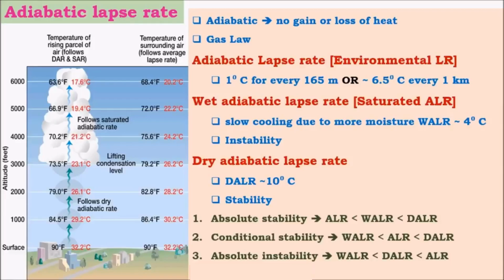This simply means that the current parcel of air has a greater amount of moisture, and due to the greater amount of moisture there are greater chances of precipitation, and hence it is associated with absolute instability. So don't worry much about these things, just remember these conditions, that's enough. They are very unlikely to come in the examination, but these are just basics which we need to know to study future concepts like precipitation and tropical cyclones, temperate cyclones, etc.